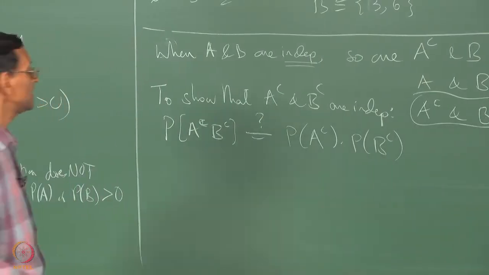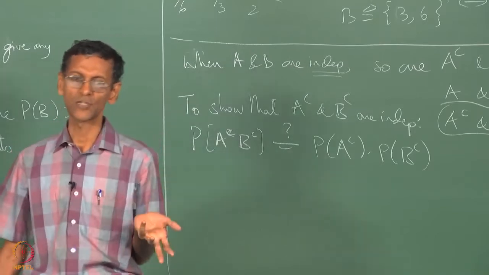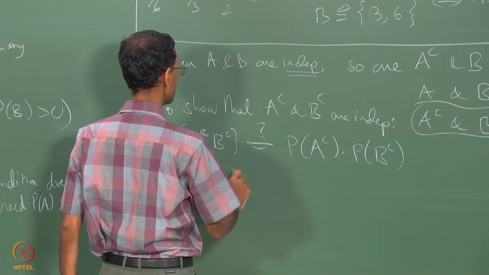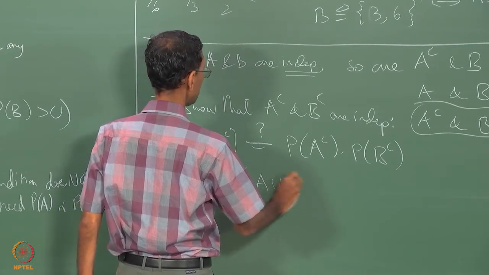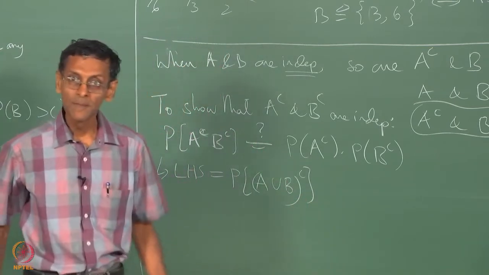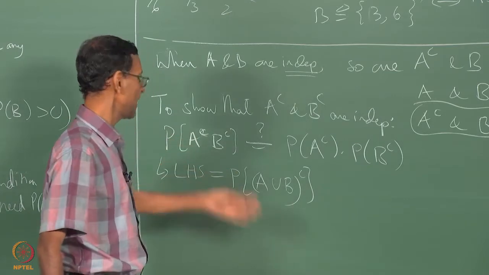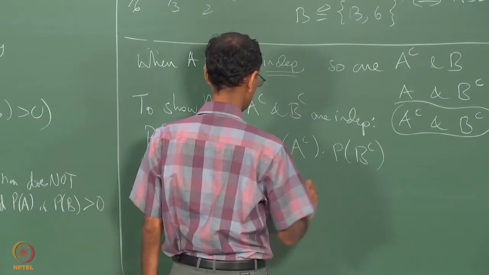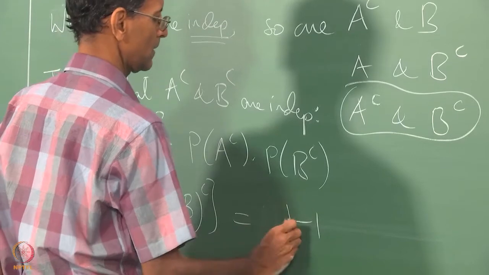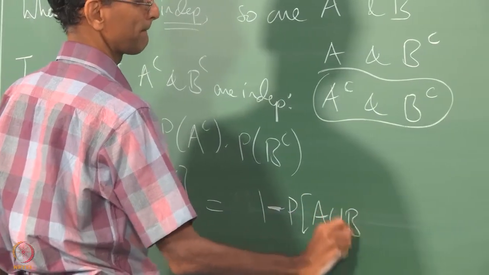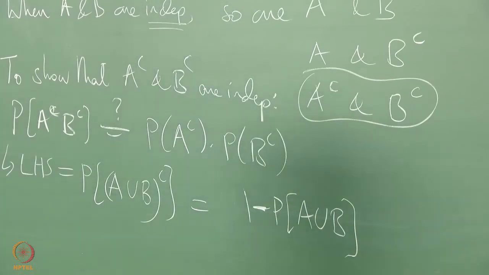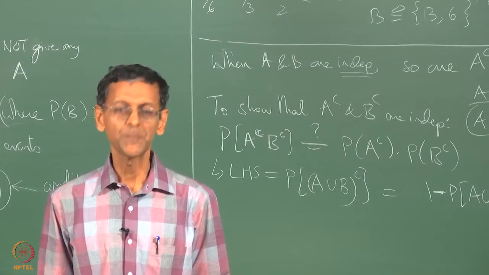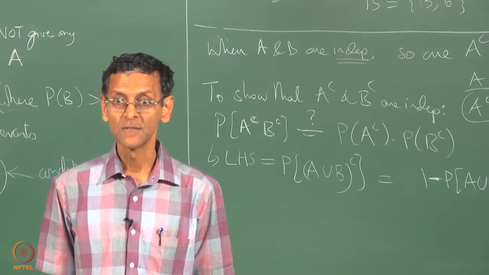So to proceed, for this left hand side we use De Morgan's law, which tells us that this LHS is exactly P of A union B, the whole complement, since A complement B complement is the same as A union B, the whole complement, right, and this is 1 minus P of A union B. Now it's interesting here, incidentally, P of A union B itself can be written in terms of just P A and P B, because we know how to write P of AB, isn't it?